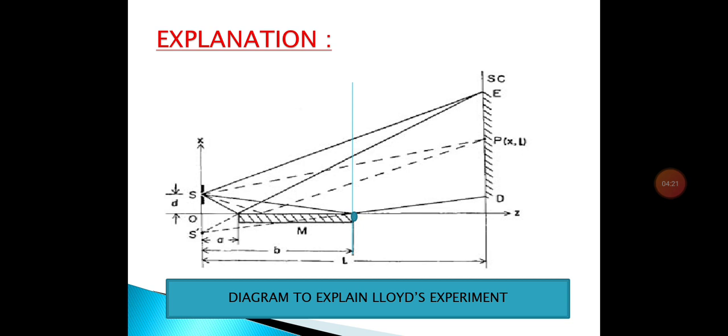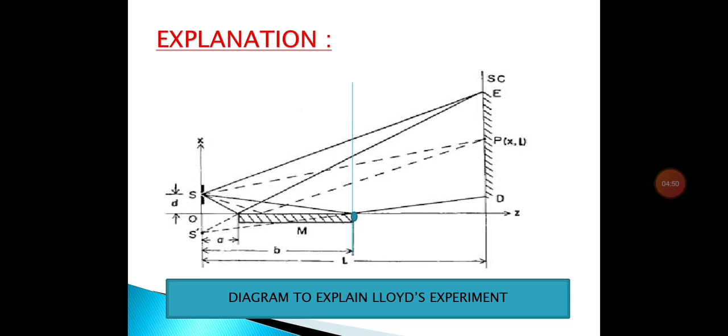However, if we shift the position of the screen to a new position, as shown by a blue line adjacent to the farther end of the mirror, with the blue dot and the blue line as represented, it will be at a distance small b from the slit.